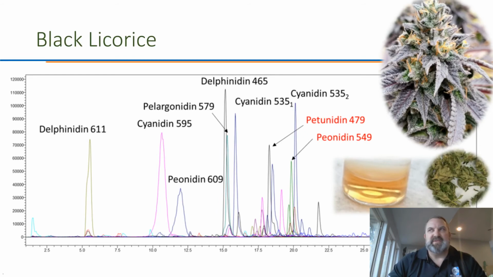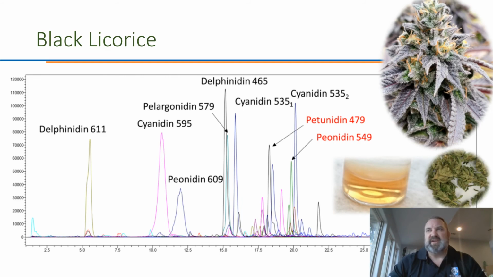Black licorice has this really deep, purplish, darkish color, and it seems to be rich in a lot of different anthocyanins. I mean, even approaching some of the levels of things like blueberry, which also has a very deep, rich purple color. So these deep colors tend to mean a greater richness of the anthocyanin.